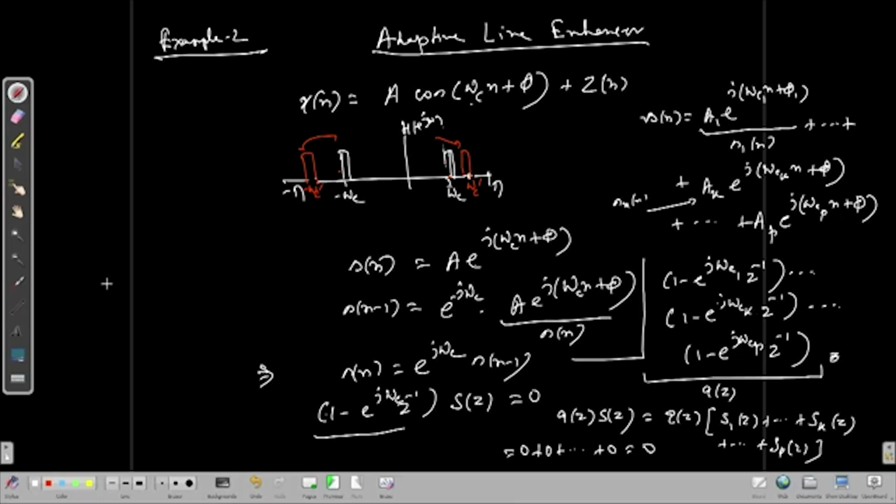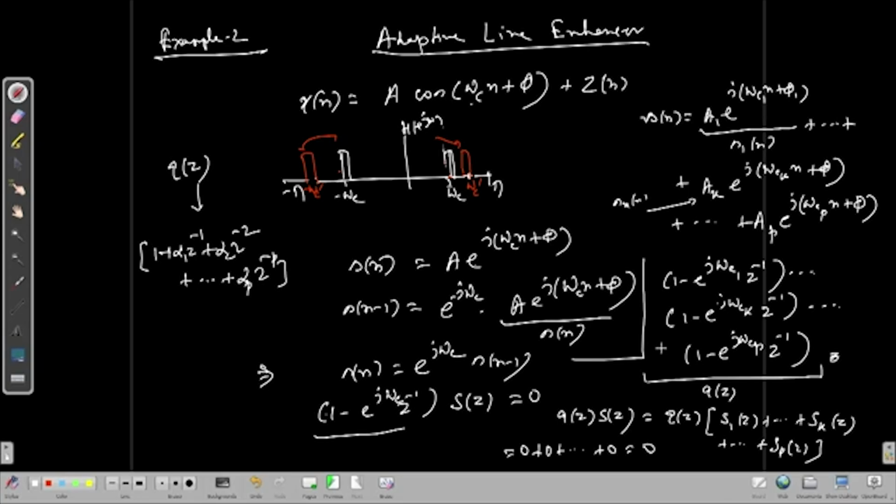So, it will be a polynomial like 1 plus maybe alpha 1 z inverse, alpha 2 z inverse 2. Alpha 1, alpha 2 are coefficients; if you multiply and carry out the whole product, these are the coefficients, they can be complex, but this is a polynomial up to order z to the power minus p, because there are p factors. So, this is my Qz.